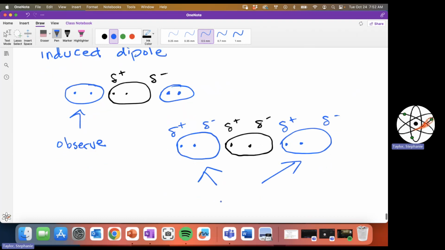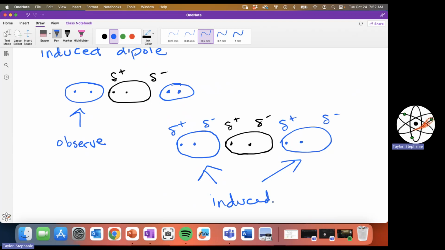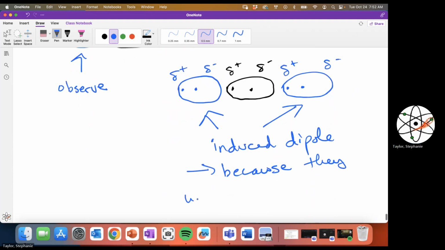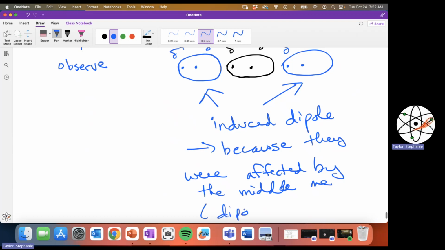So the ones on the end are an induced dipole because they got close to something that already had a dipole moment. They were affected by the middle one, which has a dipole, even if it's an instantaneous dipole.